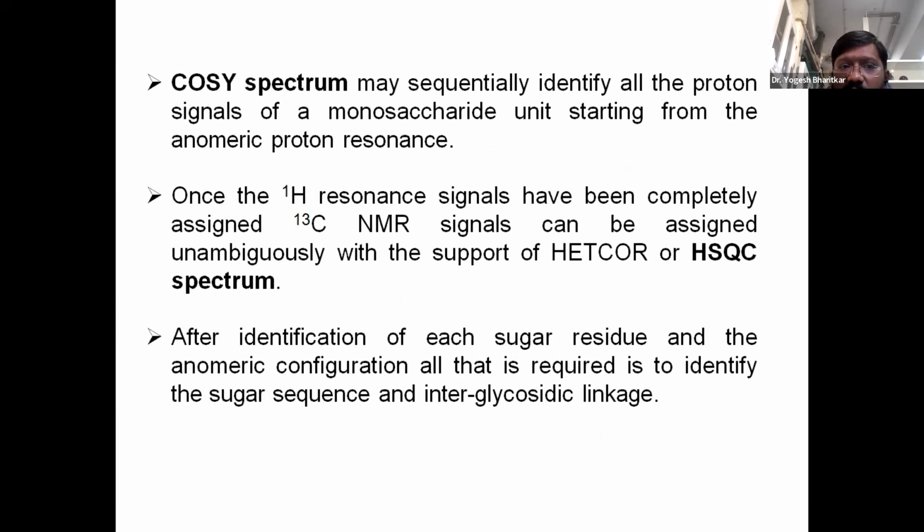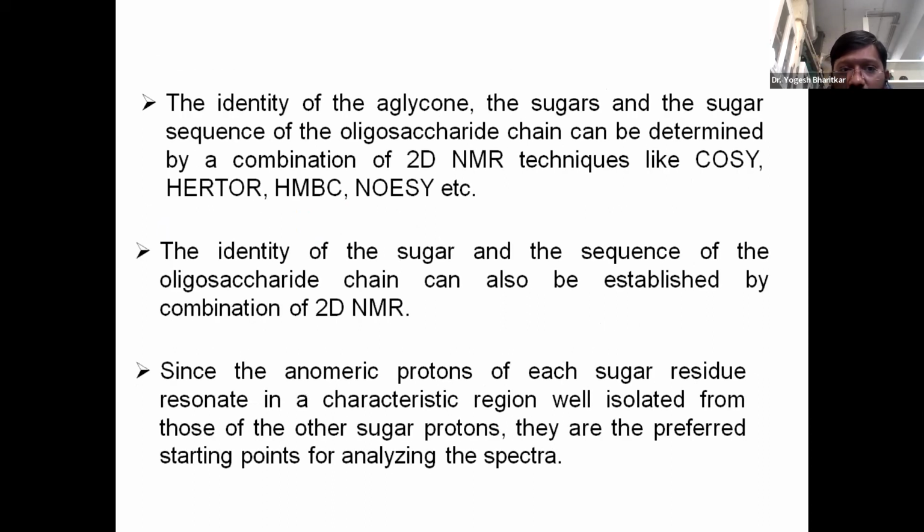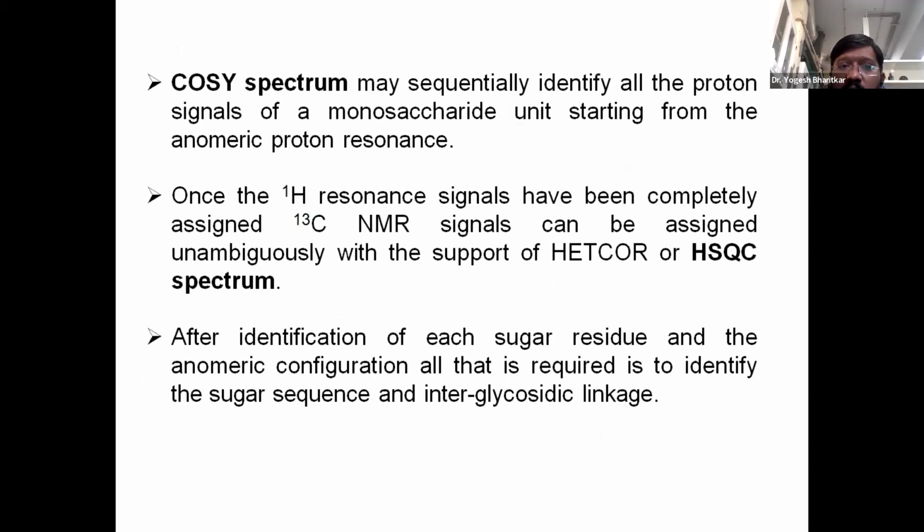Sugars are sequentially identified in the case of COSY, NOESY, and HSQC. In the COSY spectrum, we sequentially identify the proton signals of the monosaccharide, meaning which proton couples with which proton. In HSQC, we get the relationship of which proton is attached to which carbon.